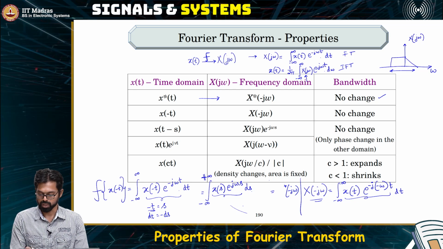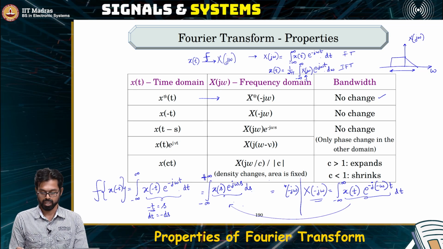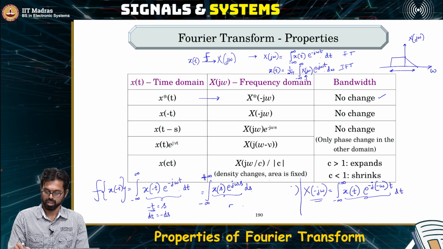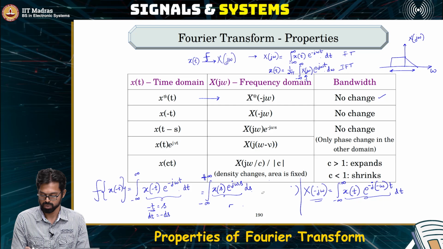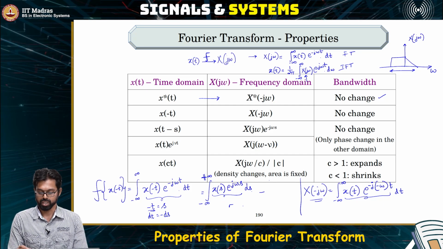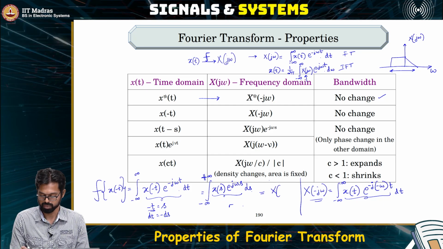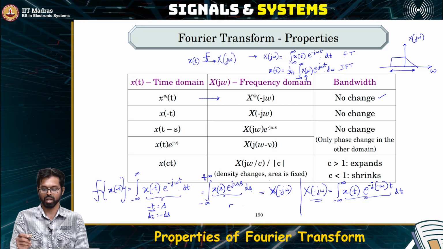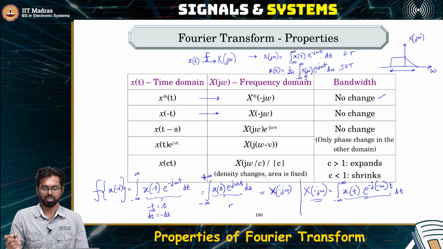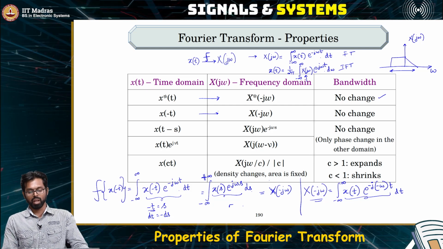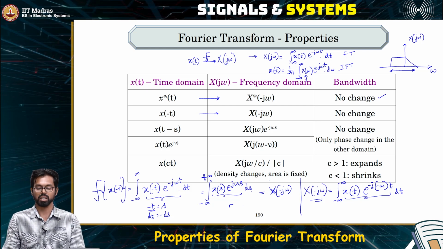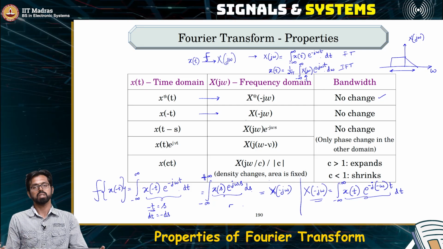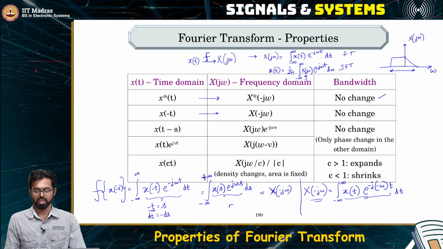So these two expressions are once again exactly equal, which means this integral evaluates to X of minus j omega itself, and that is what we have here. So if you have a signal x of t and you time reverse it and then compute the Fourier transform, the only thing that happens to the Fourier transform is that it is also reversed in frequency.